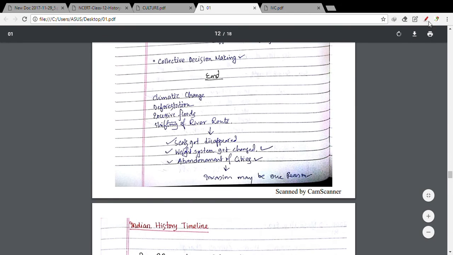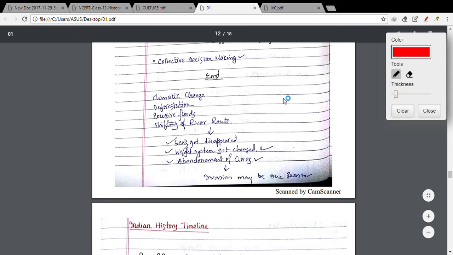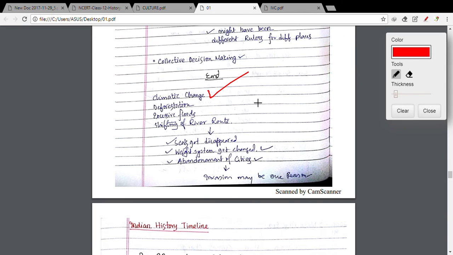Now how did that civilization end? Plenty of people talk about climate change, deforestation, excessive floods, shifting of the river route. Now this is very important. As a result, the seals disappeared, the weight system changed, and the cities were abandoned.